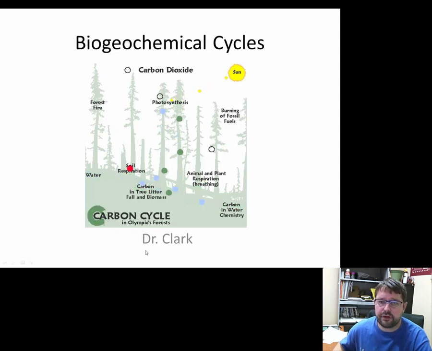So here's just an easy description of a piece of the carbon cycle. Real world issues going on right now, and pretty much always going on, are forest fires and burning of fossil fuels. In both cases, they're going to release carbon dioxide into the atmosphere.